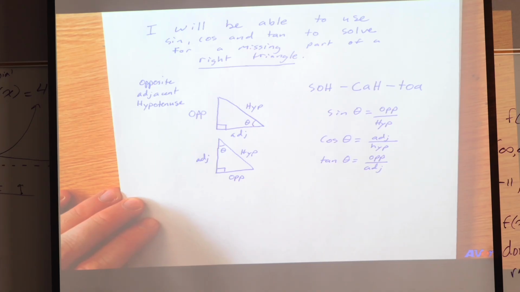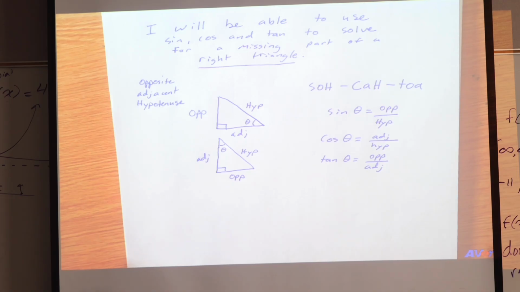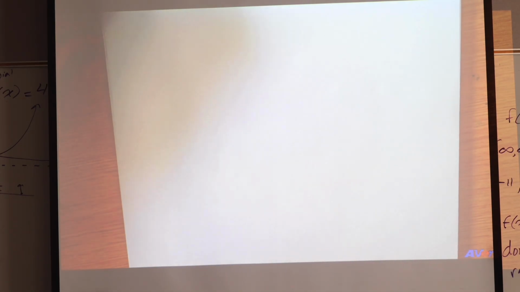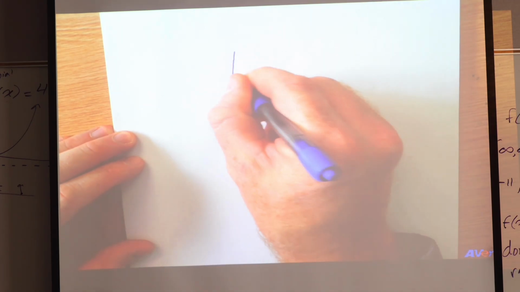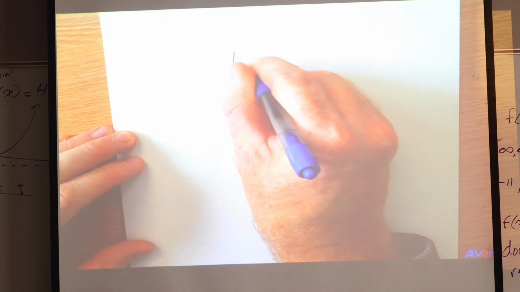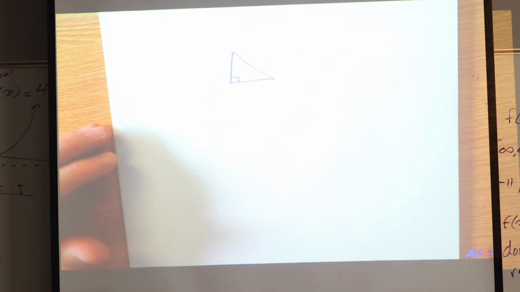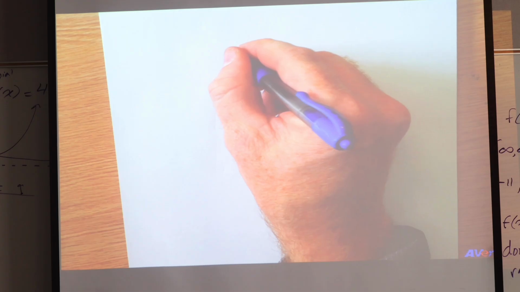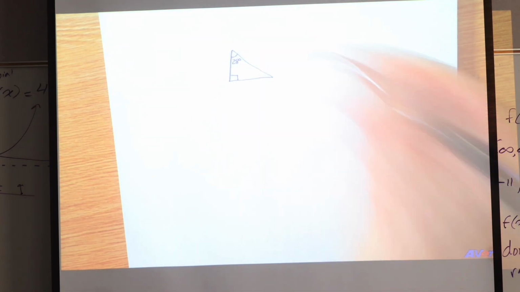We're going to go to another clean piece of paper for the next part of the notes. Okay, so now if we were looking at a right triangle, something like that, and let's say this angle here is going to be 28 degrees.